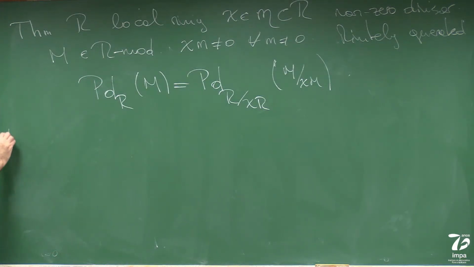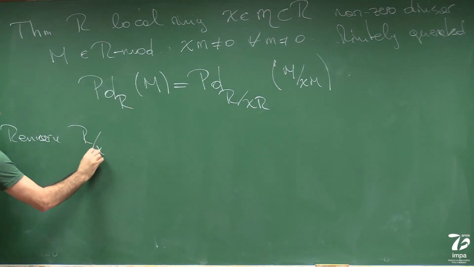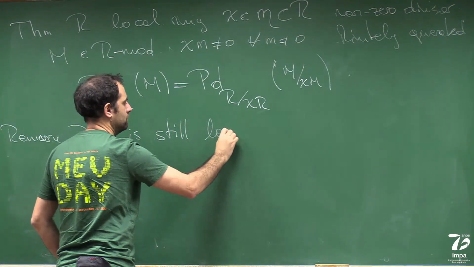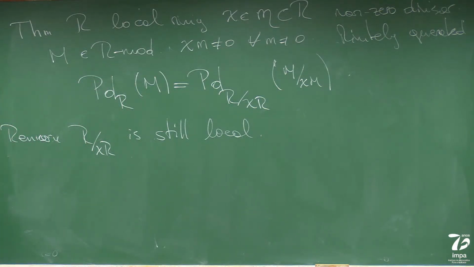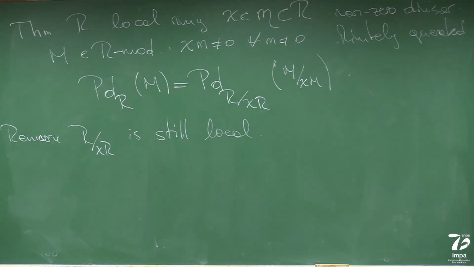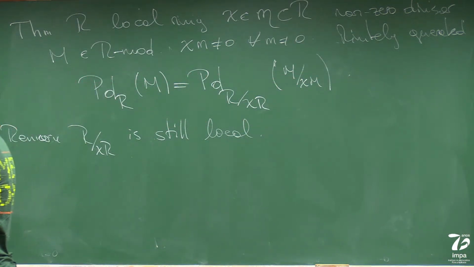Notice, as a remark, R/xR is still local. So what's the picture here?